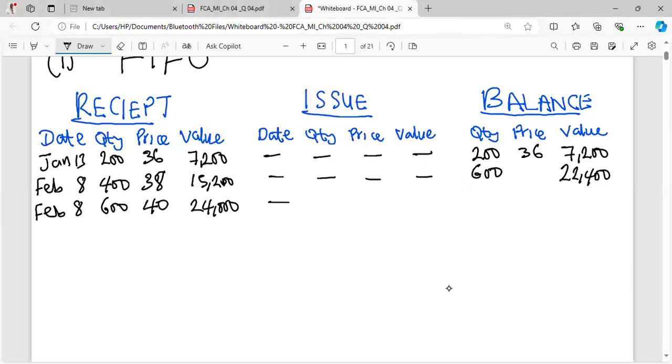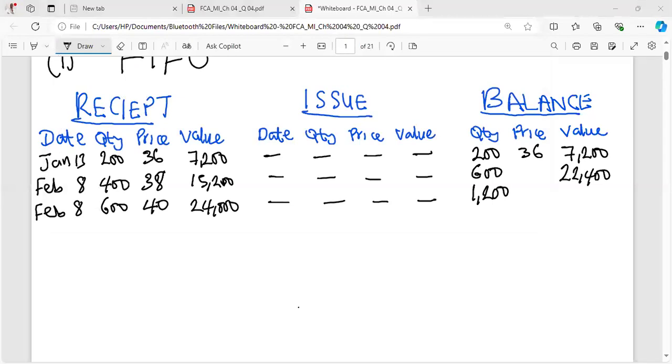I'll come here again, put a dash, dash. So the 600 here is coming to join this other 600 to make it 1,200. Again, no price here because there is a mixture of three prices. So we add the value. We'll add the value.